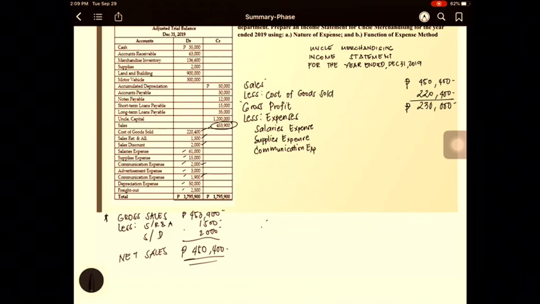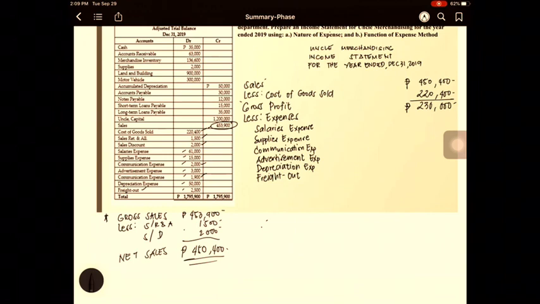Aside from communication expense, we have advertisement expense and your depreciation expense. And look at this one, there is freight out. It is different from freight in. I'll repeat, freight out is an expense, freight in is part of the merchandise inventory. So in this case, we are also going to consider it as an expense.